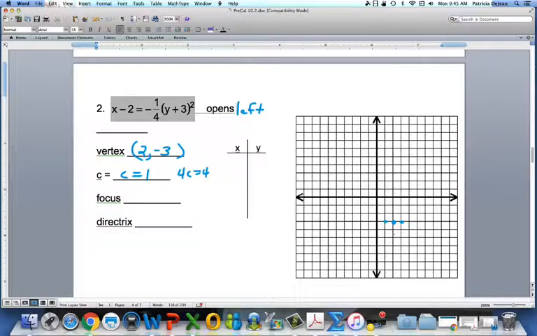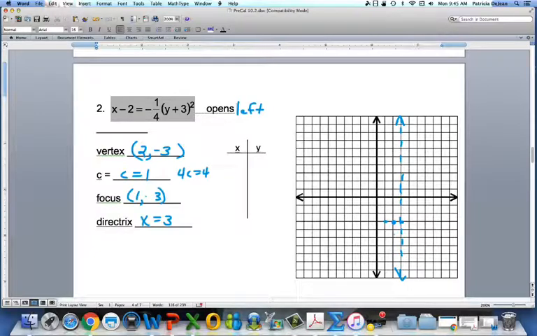Okay, so since it opens left, we've got our directrix here, which is at x equals 3. And then our focus, we've already got it marked, is at 1, negative 3.